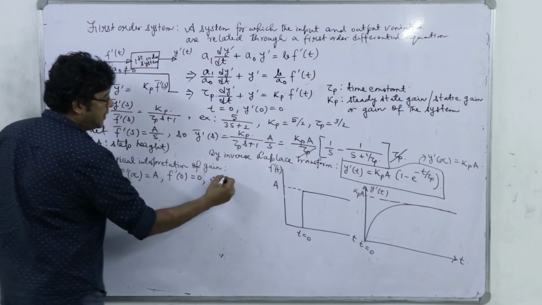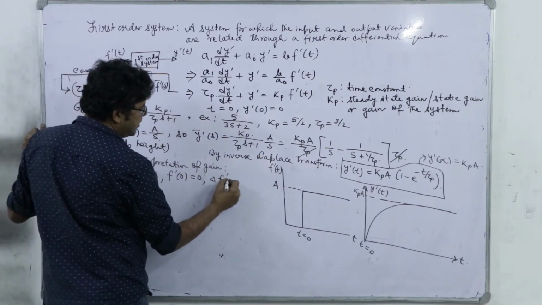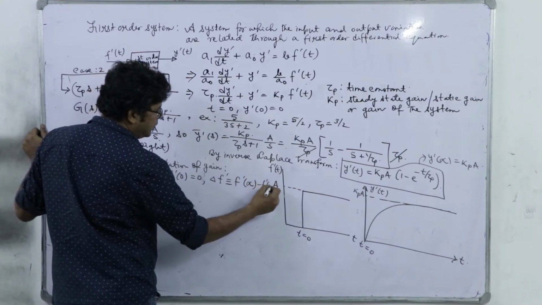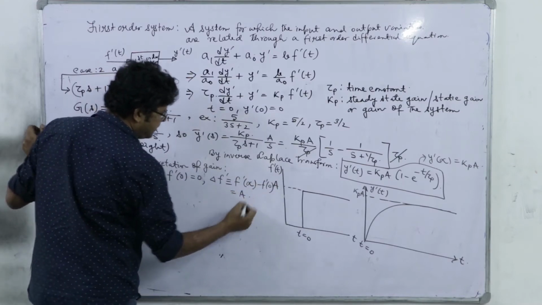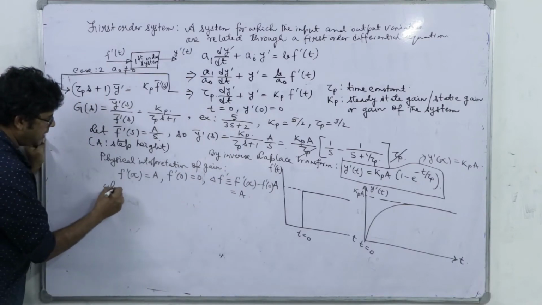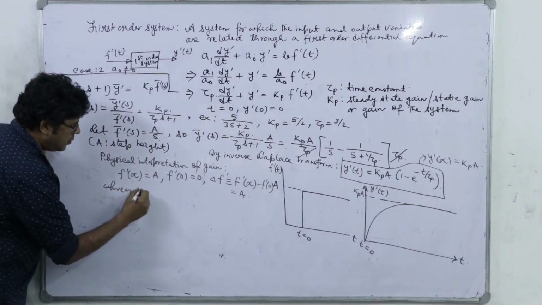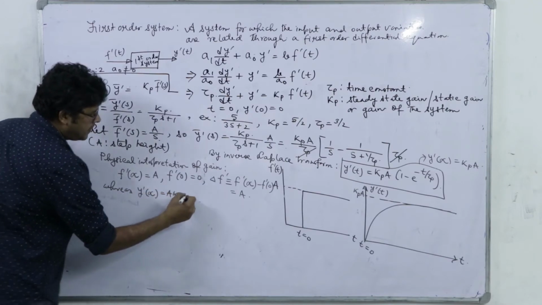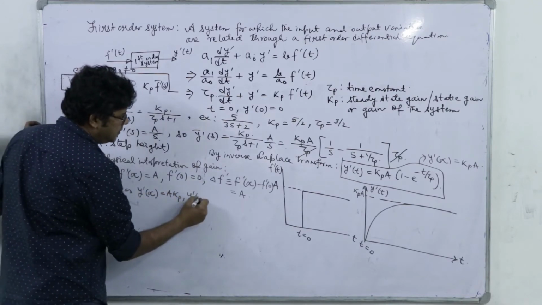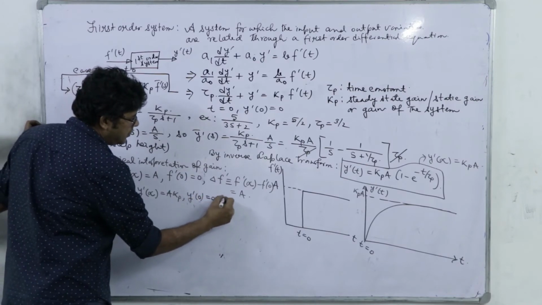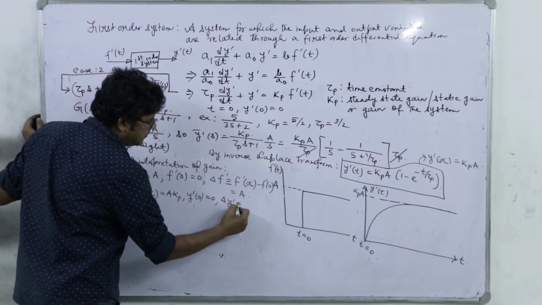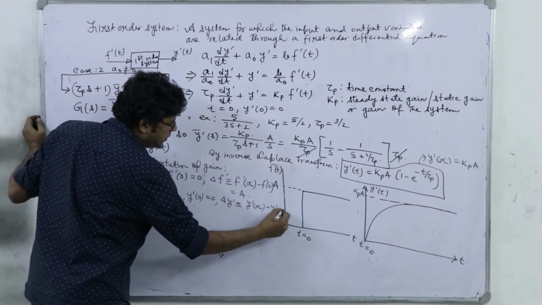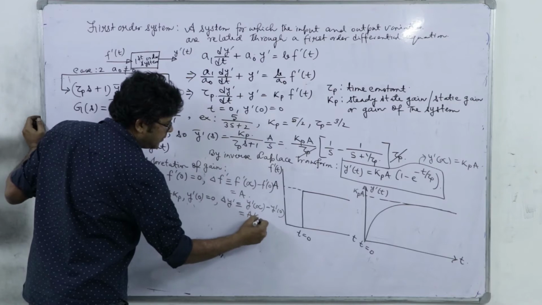So delta of f prime, defined as f prime infinity minus f prime 0, the final difference is A. Whereas y prime infinity is A Kp and y prime 0 is 0. So delta of y prime, defined as y prime infinity minus y prime 0, is A Kp.